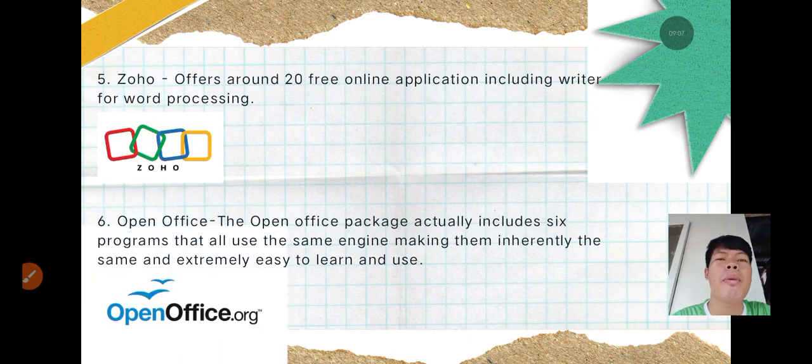I'm not familiar with it. It offers around 20 free online applications including Writer for word processing. And number six, OpenOffice. The OpenOffice package actually includes six programs that all use the same engine, making them inherently the same and extremely easy to learn and use.